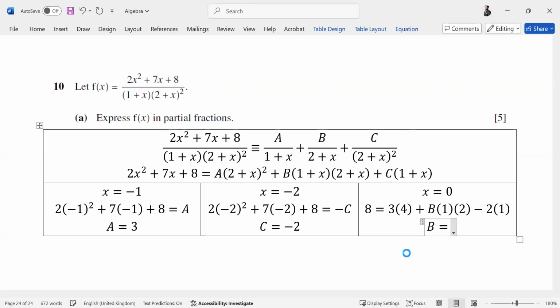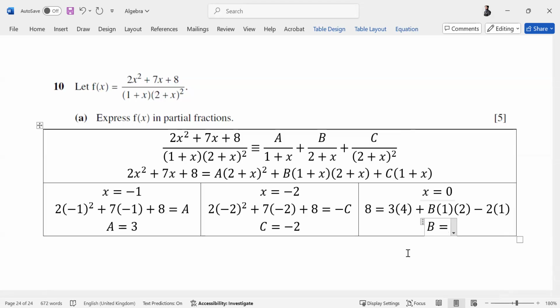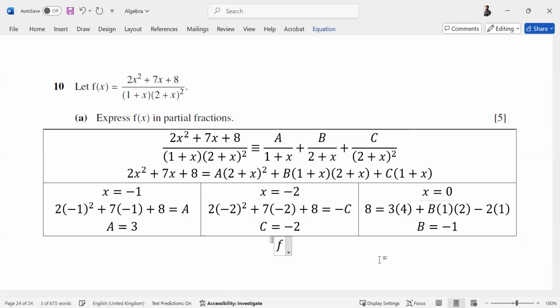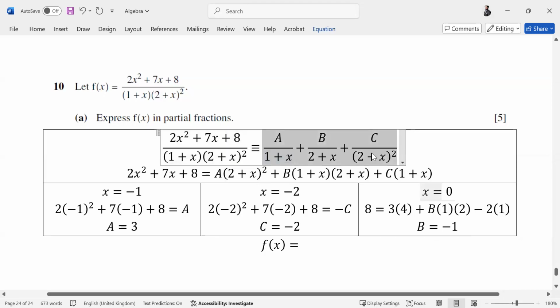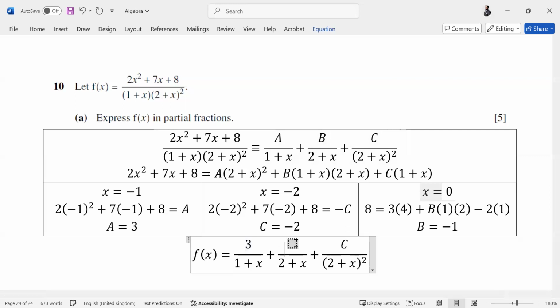So what is the value of b then? -1. So b is -1.